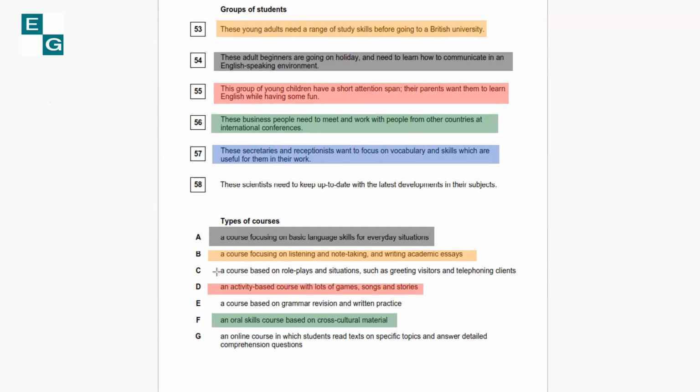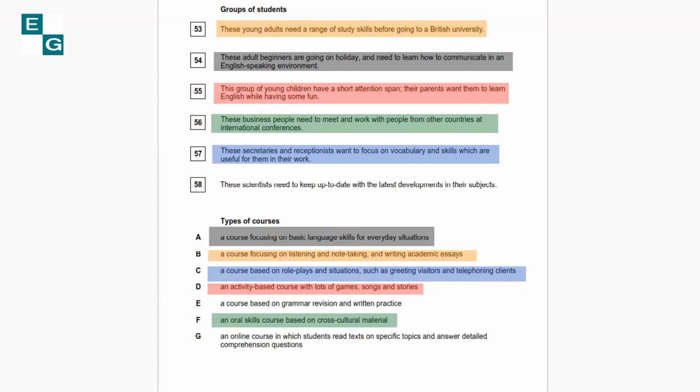For example, the speaking skills. So, you're going to prepare for them a course based on role plays and situations, such as greeting visitors and telephoning clients. That's usually what a secretary can do of her job.